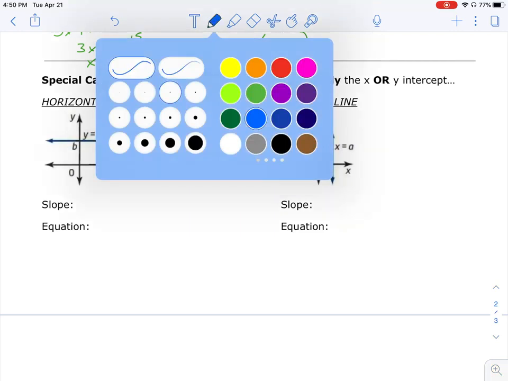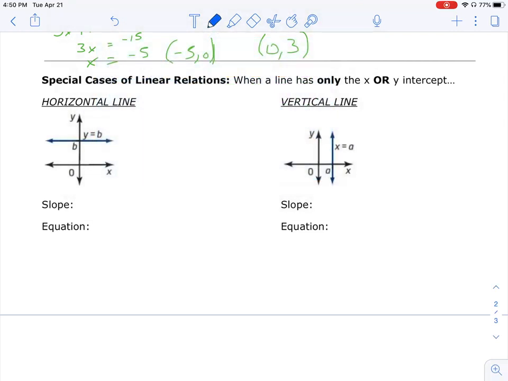So our slope of this line, is there a slope? No, the slope is 0. There is no change in this line at all. The equation of this line is just simply y is equal to whatever b value or whatever value is on the y-axis at that time.